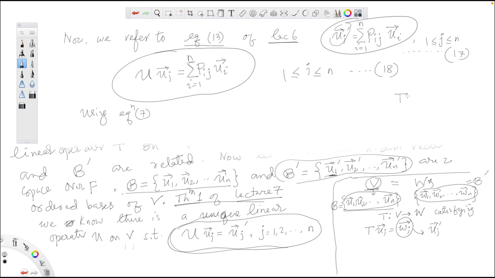Equation number 7 was the matrix representation of a linear operator: T uj is equal to the sum of all these expressions a_ij ui, where A is the matrix representation of the linear operator T on the vector space V. Using this equation number 7, we see that this matrix P is indeed the linear operator U.